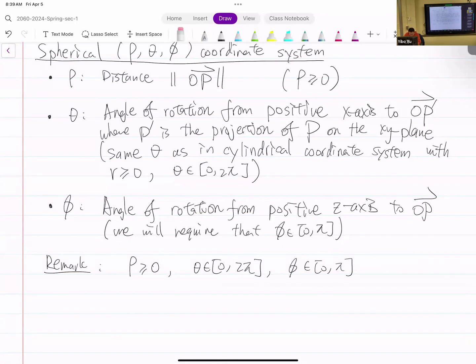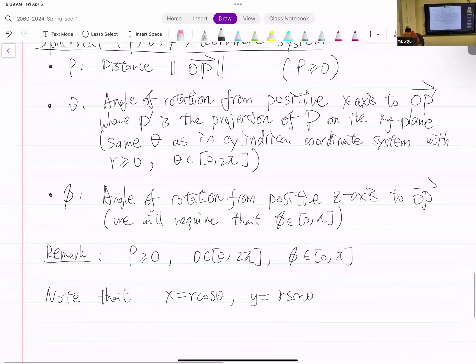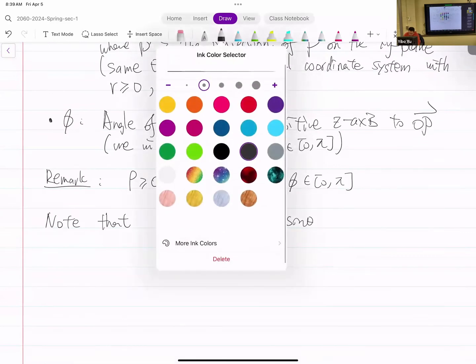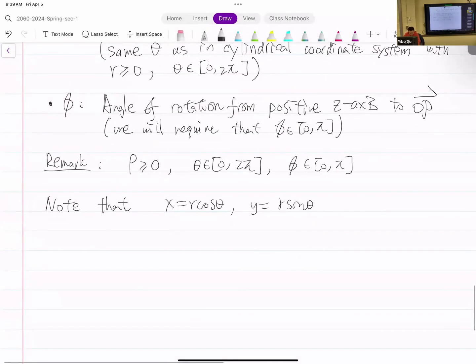All right, now to discuss more about the translation, note that when we have that r there, we know x is r cosine theta and y equals r sine theta, where r is the distance from the origin to that projection point P prime. In the notes, you can refer to that figure from above, but here we're just going to draw this again. This is the z-axis, which is vertically up, right?